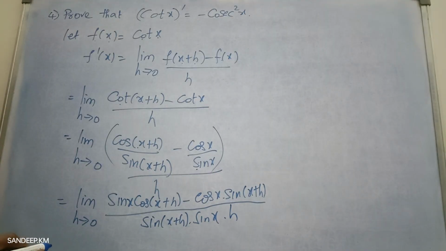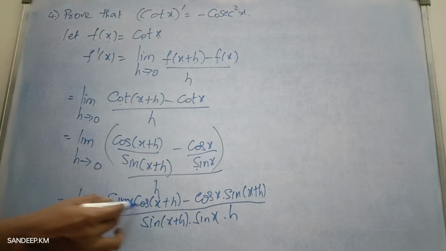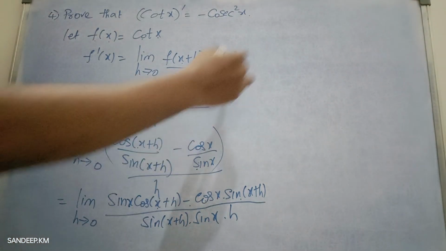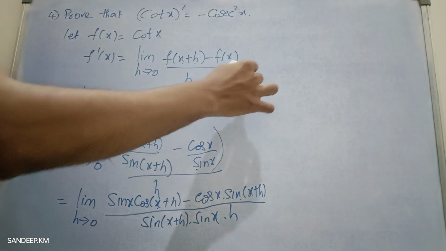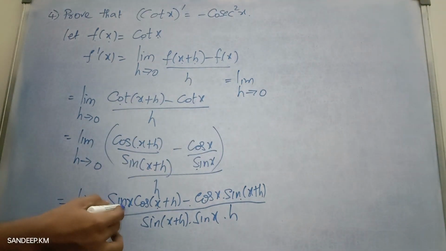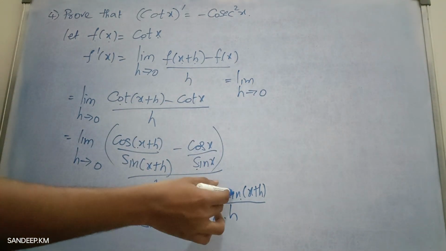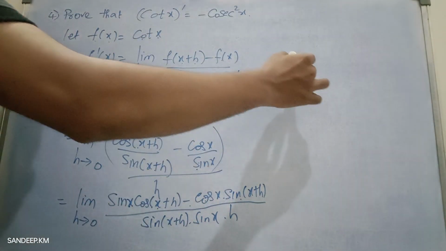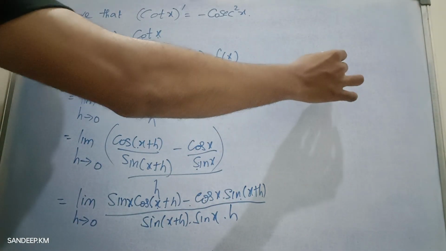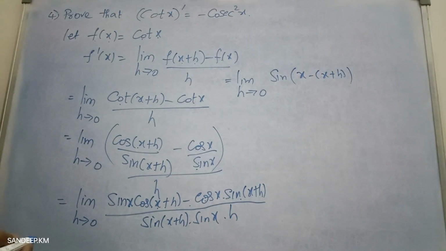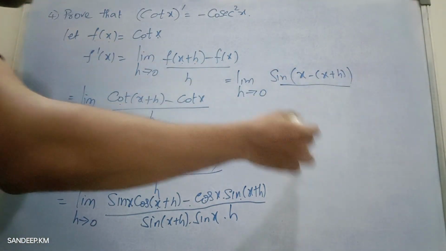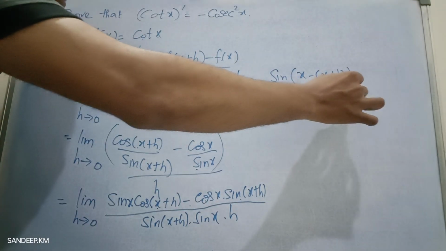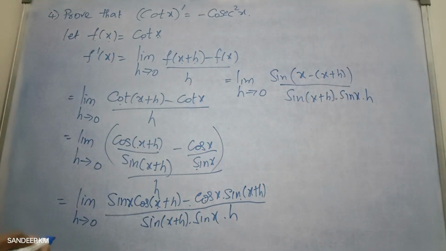Okay, now next let me use the sin a cos b minus cos a sin b formula in the numerator. So limit h approaches 0, sin a cos b minus cos a sin b is sin of a minus b. So a is x, b is x plus h, whole divided by sin of x plus h into sin x into h.